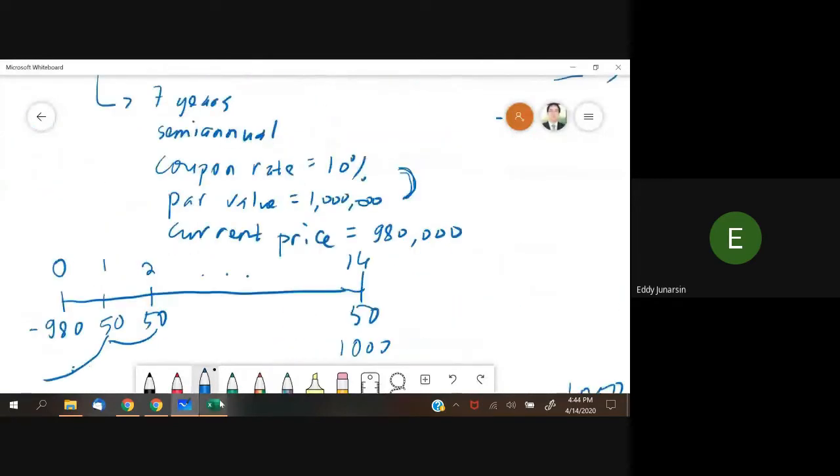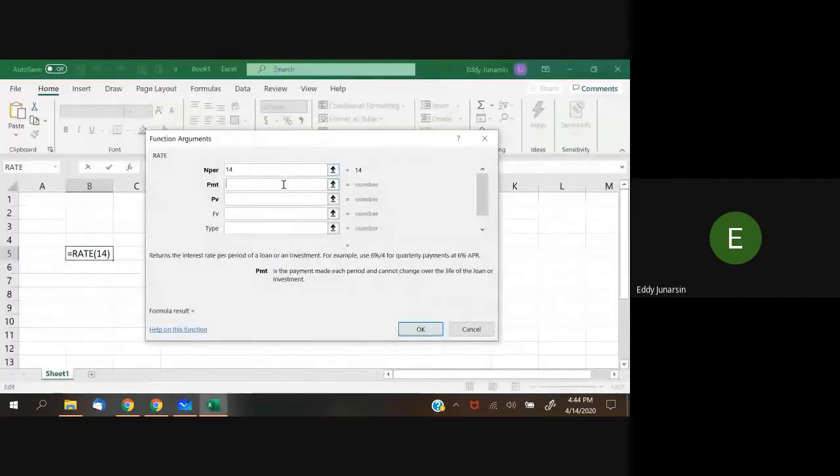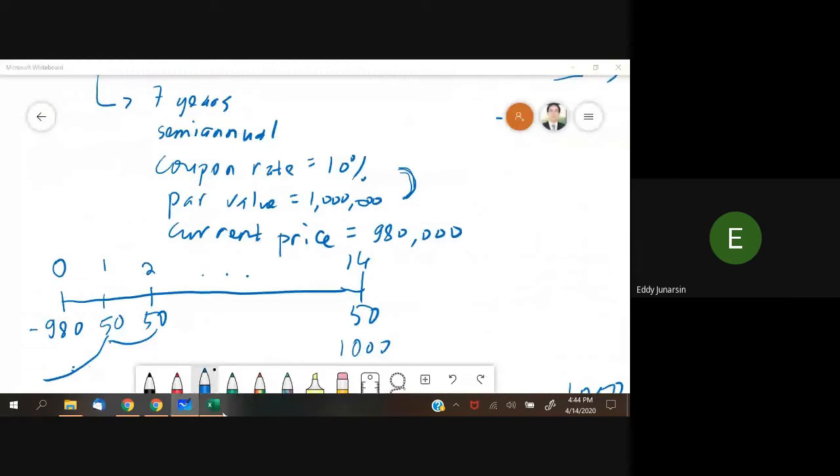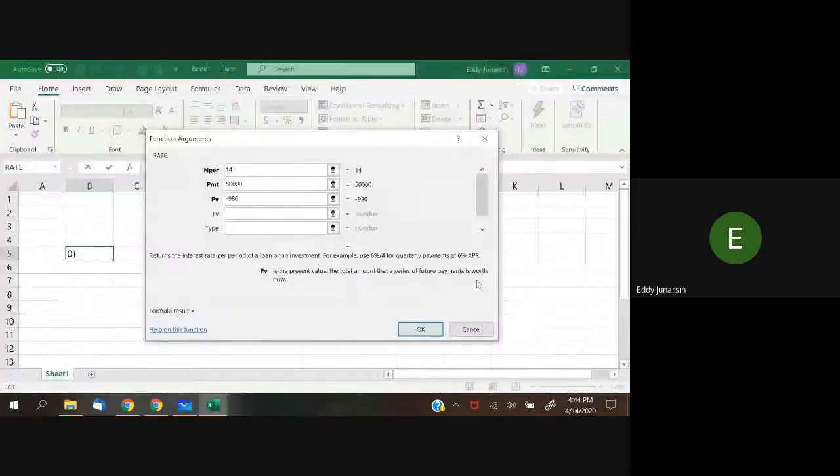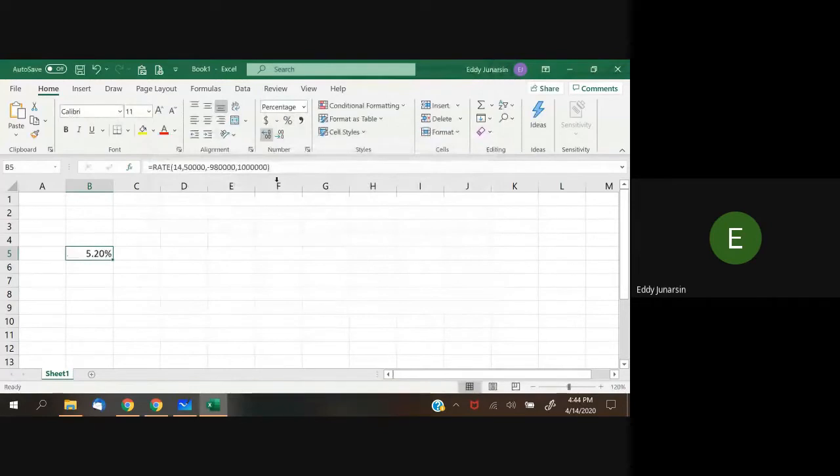The coupon payment is 50,000. The present value right now is 980,000. We give it a minus sign because when we buy the bond, we have to pay, we incur a cash outflow. And the future value at the end is 1 million. So we find out that the yield to maturity is 5.20% per period.